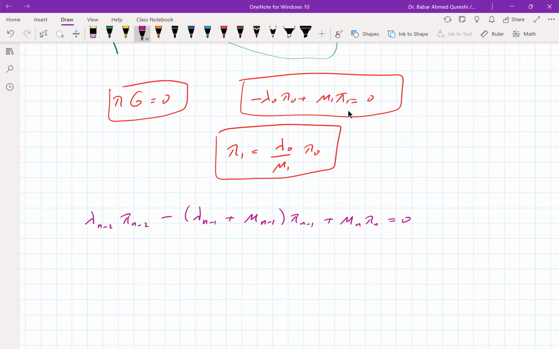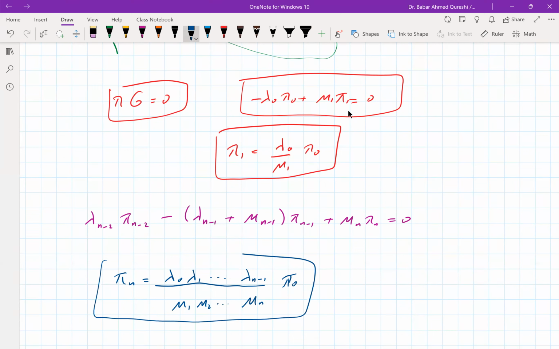And these are all satisfied. One can see that the general solution is just like in the last one, where we ended up multiplying all these terms.